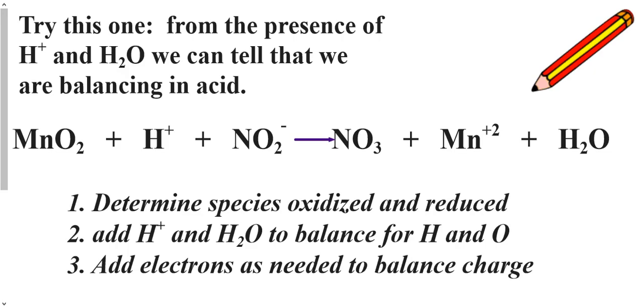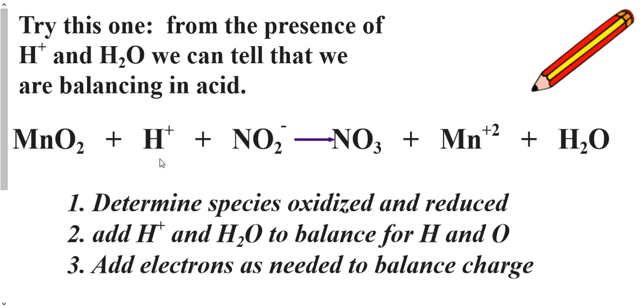Okay, now we could try one more, and I'm going to get you guys to try this one on your own. Pause the video and see how far you can get. When you get to the point that you get stuck, start the video up again, and we'll follow it along together. We're going to balance this reaction in acid. This time we can tell it's an acid reaction because I can see that there's protons right in the reaction.